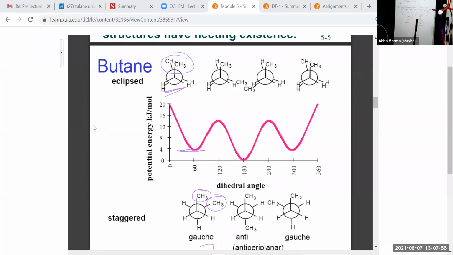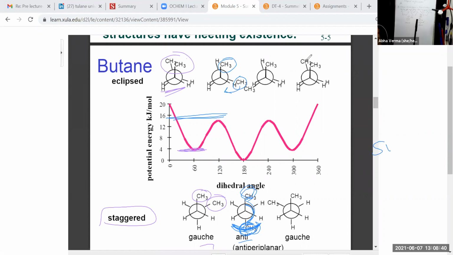Look at this particular staggered form. After one more rotation, this is still eclipsed, energy is somewhere around 16. But the next time this group rotates, it is now at the maximum possible distance, or 180 degrees, from our original group. So whenever your bulkiest groups are at opposite ends, in the anti-periplanar position, this is known as the staggered anti conformation.